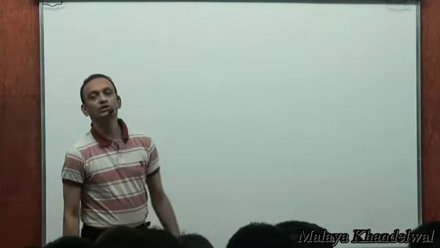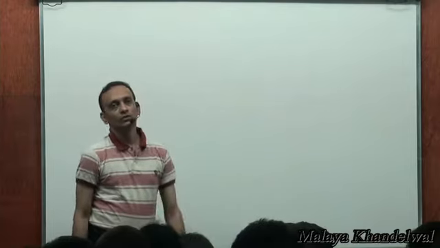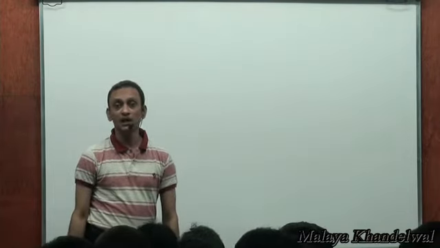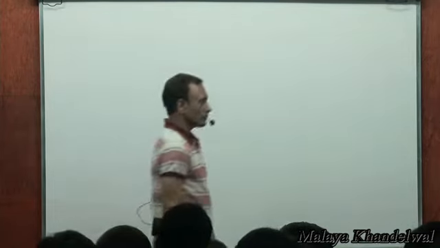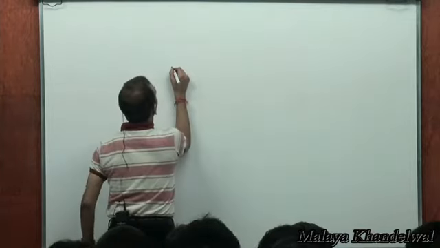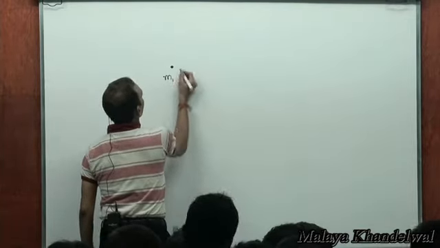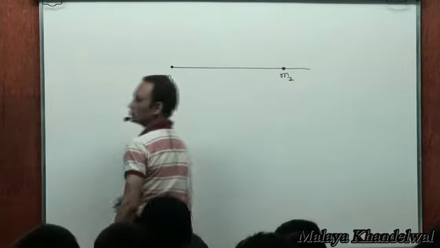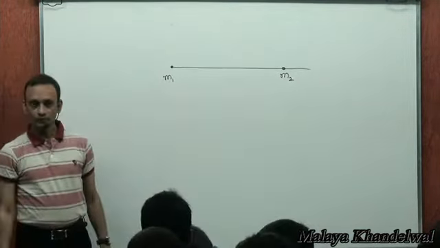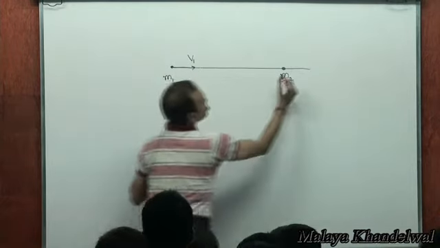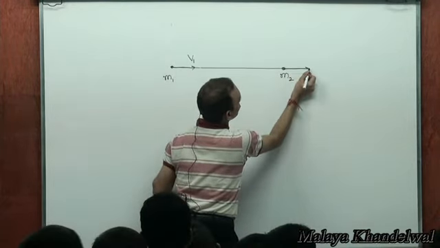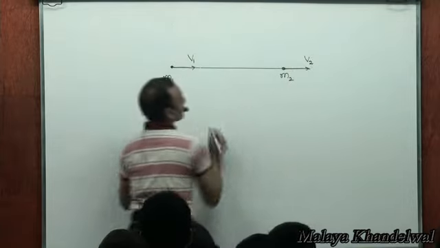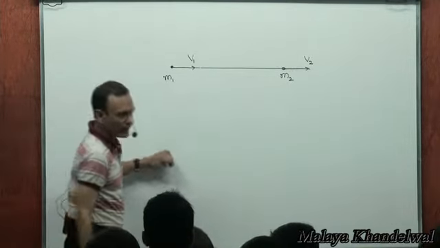one fact, again a discussion related to center of mass, that I want to communicate to you is: say there is a mass m1 and there is a mass m2, and say v1 is the velocity of this and v2 is the velocity of this, right?